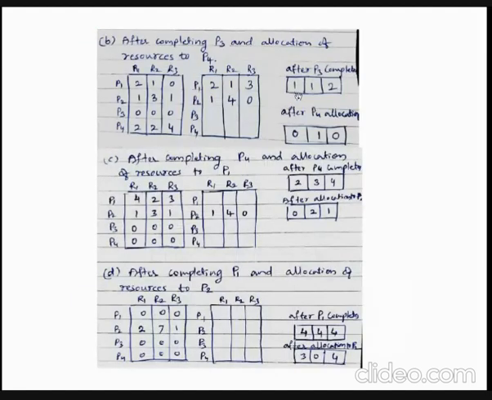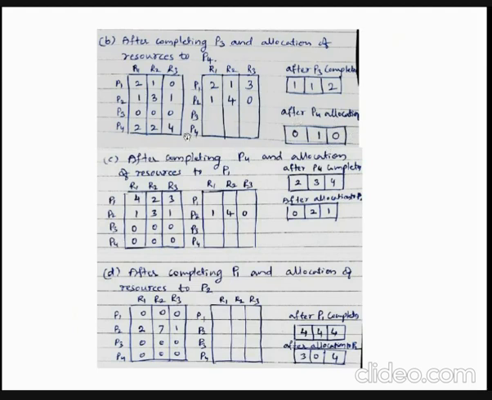So you subtract 1, 0, 2 from this matrix. 1 minus 1 is 0. 1 minus 0 is 1. 2 minus 2 is 0. Now, after allocating resources to the P4 process, the free resources can be updated as 0, 1, 0. I hope you are understanding this concept.